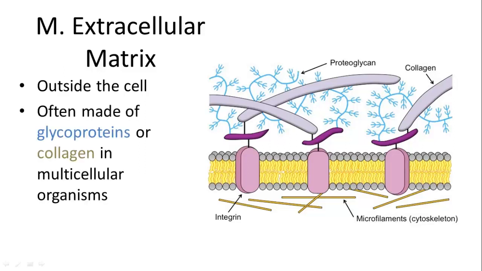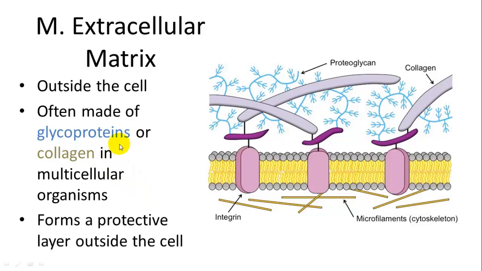It's often made of glycoproteins. So glyco refers to sugar molecules, protein, of course, to protein, or collagen, which is a protein, or both, in these multicellular organisms. This performs a protective layer outside the cell, so it keeps things from getting in that shouldn't be in there.